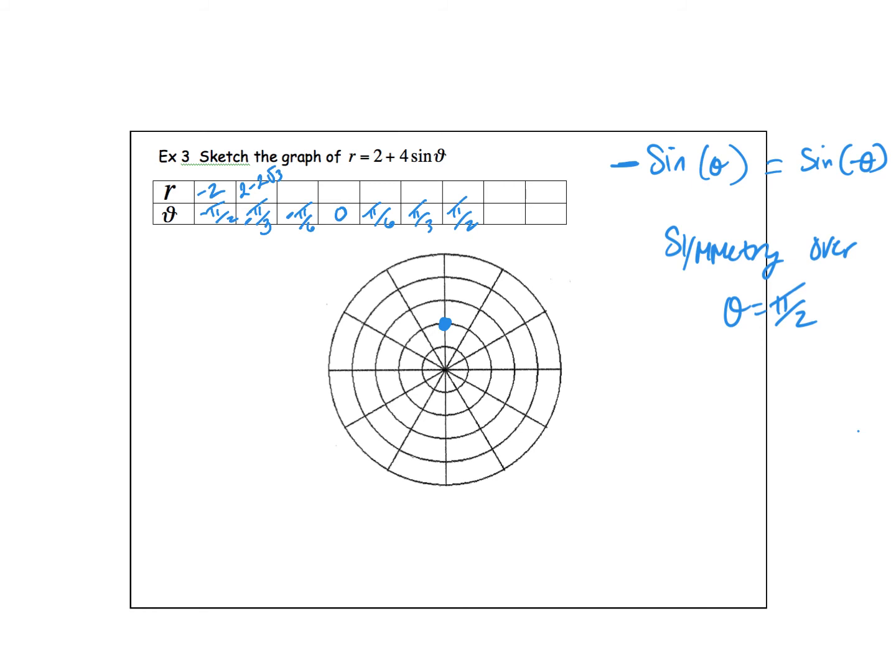In the calculator, I forget exactly what it was, but let me pull it from my graph. Negative pi over 3 is here. My r is negative, so I'm going to go the other direction, and that value should be between 1 and 2. It's right here.